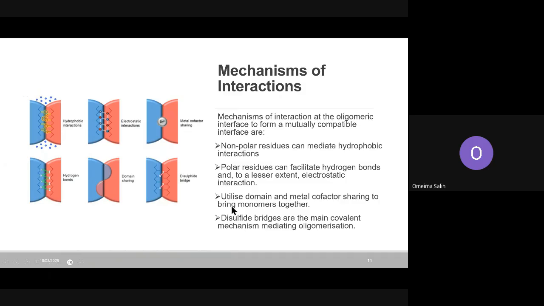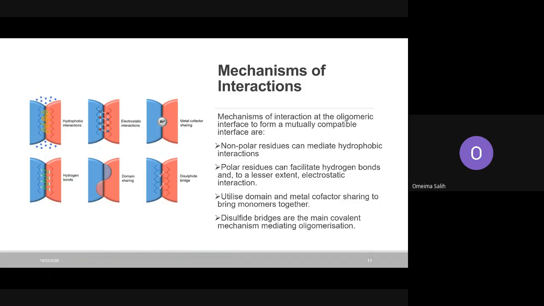In the other types, those that utilize metals like zinc and magnesium, the presence of these metals is important to facilitate the interaction between two polypeptide chains. And this we call metal cofactor sharing. So it facilitates the interaction between the side chains of the amino acids of the two polypeptide chains.